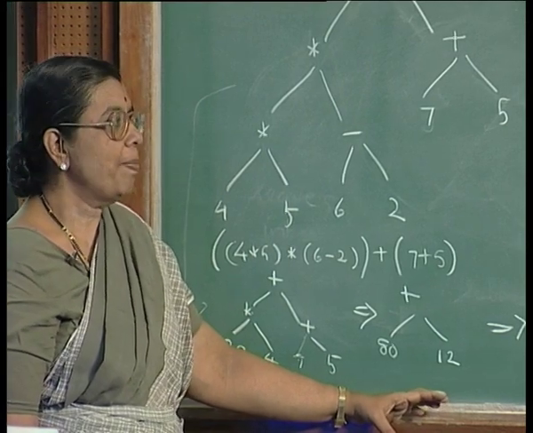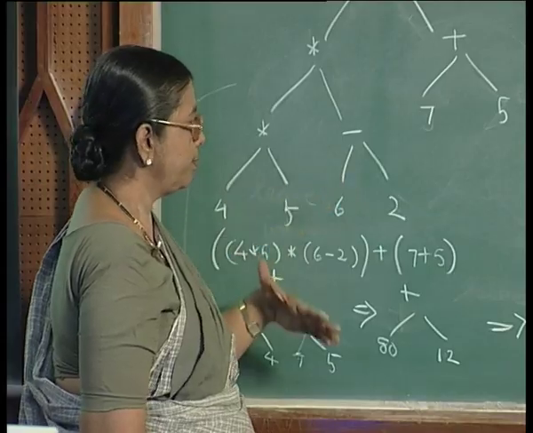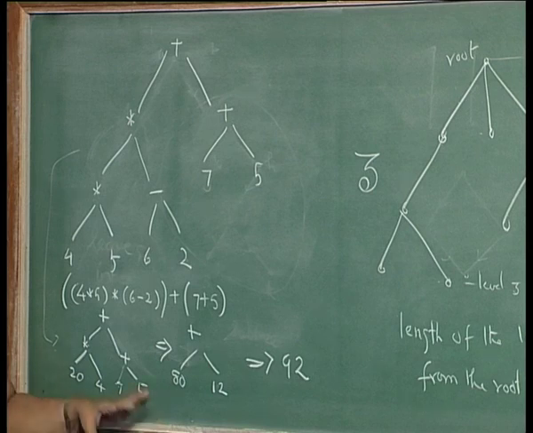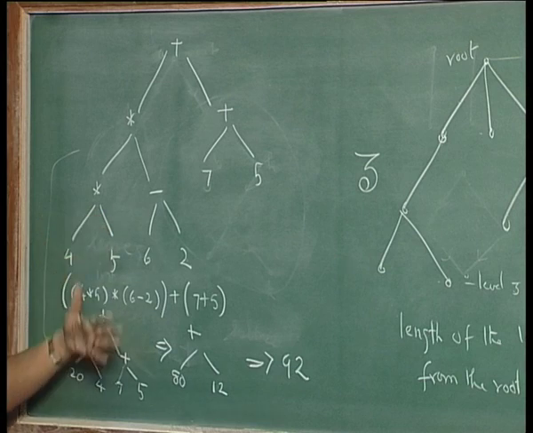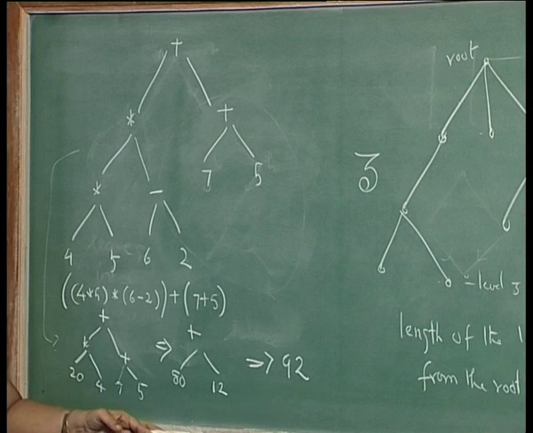Now, when it is represented inside the computer in the internal form, then the code is generated. But essentially the evaluation is done in this manner, and for that the proper code is generated. You will learn more about it in the compiler design theory course.